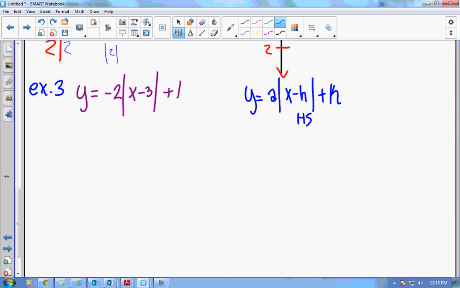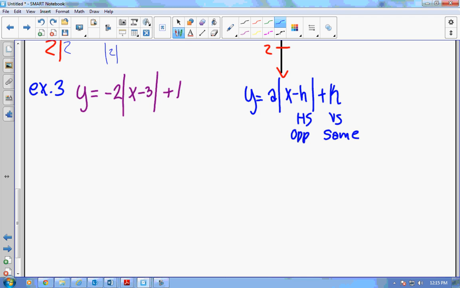What type of shift is this? And what's the saying for this? What's the saying if it's inside? What's opposite? It's outside the function. They were all trying to throw you off. Same. That is our vertex.